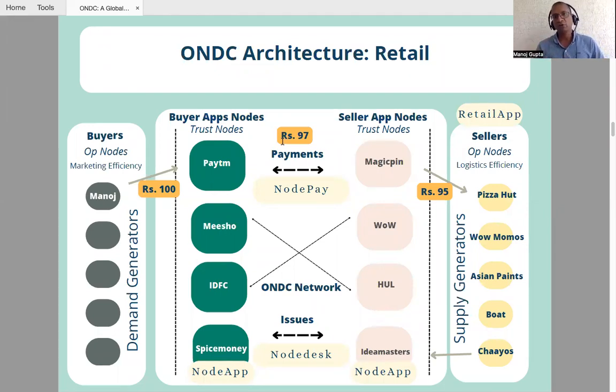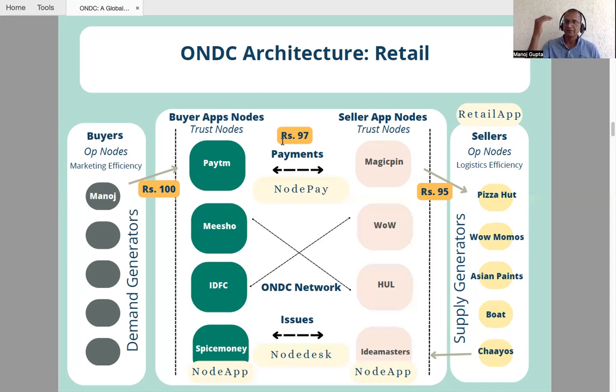Now, one quick example of how some people think it works. Let's say I'm Manoj, I want to buy a pizza. I go to Paytm, and Paytm shows all the pizza walas which exist in the network, right? So it is not just from Magic Pin's pizza walas.